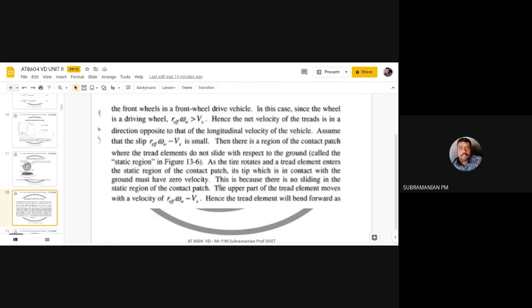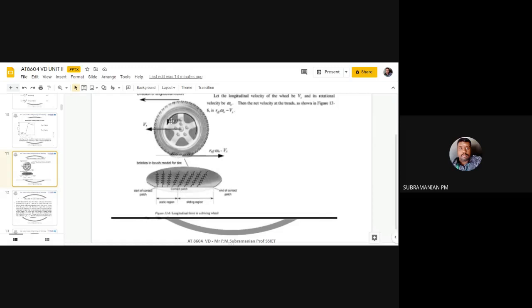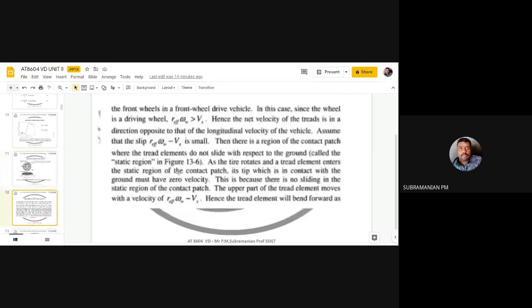That is, there is a difference between the rotational velocity and the linear velocity. Whenever a thread makes contact with the ground, the net velocity at the thread is greater, so the difference will be felt at the thread.